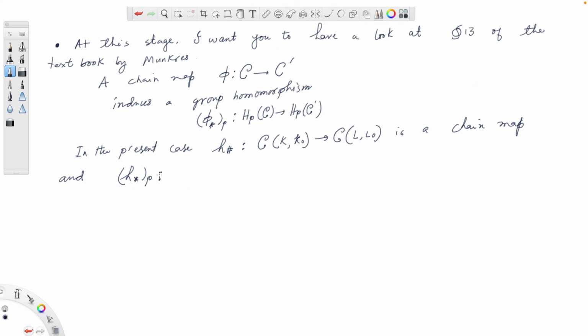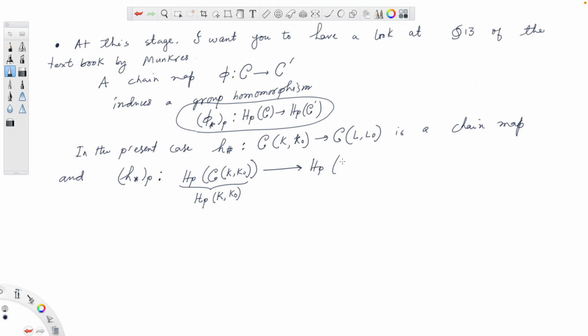So this is the group homomorphism from HP of C of K comma K0, which for notational clarity we denote simply by HP of K comma K0, the pth relative homology group of K mod K0, to HP of C of L comma L0, which we simply denote by HP of L comma L0, the relative pth homology group of L mod L0.